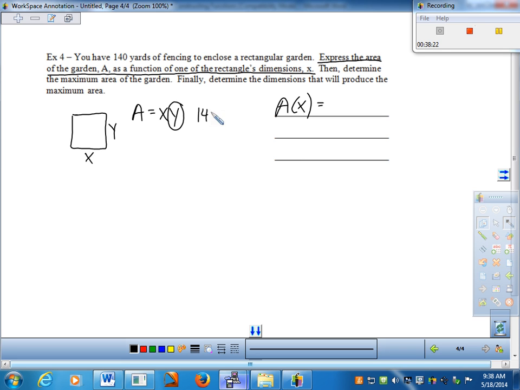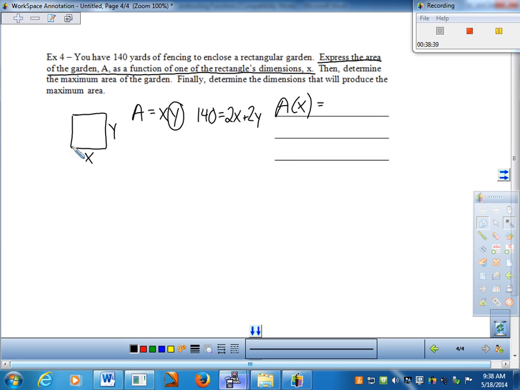And so the 140 is just what's fenced, one x here, a y, another x, and another y. So it looks like if I played my diagram out correctly, I have two x's that make up part of the fencing, and I have two y's that make up the other part of the fencing.